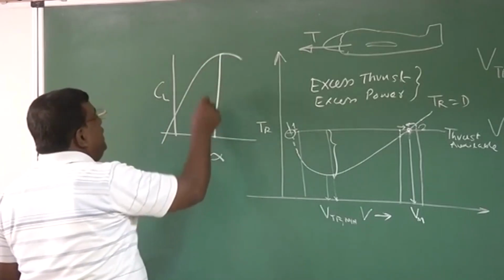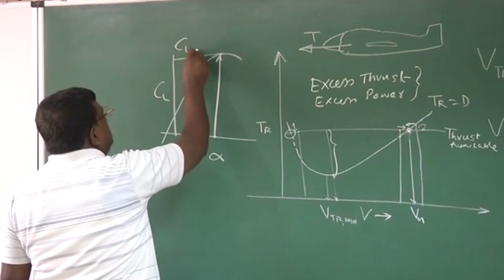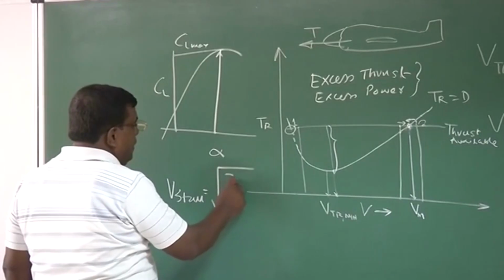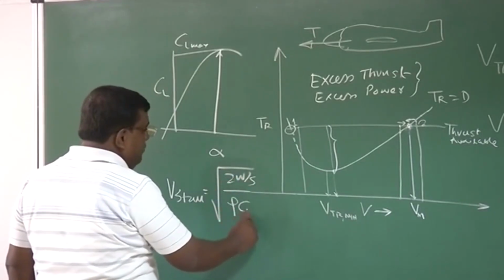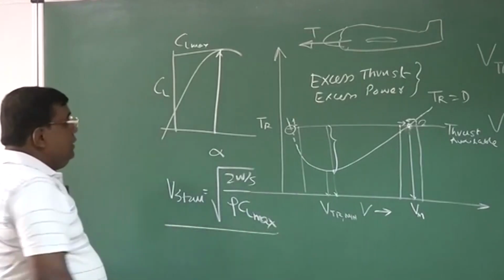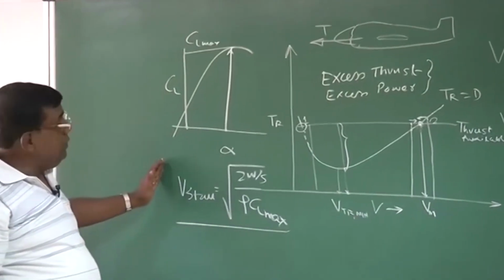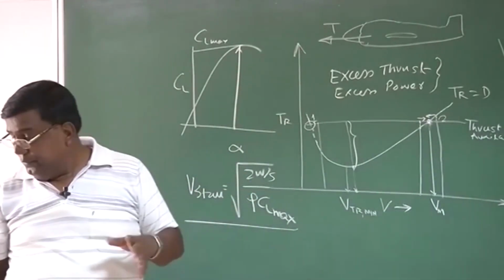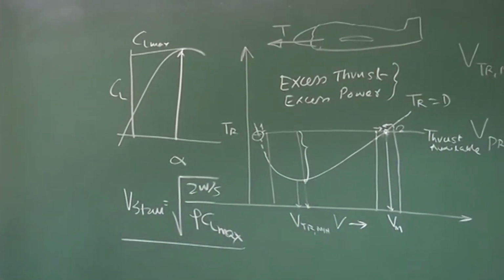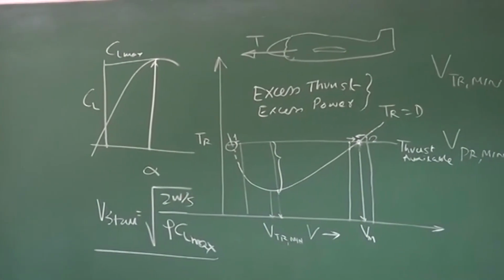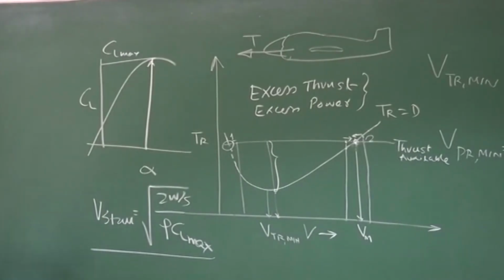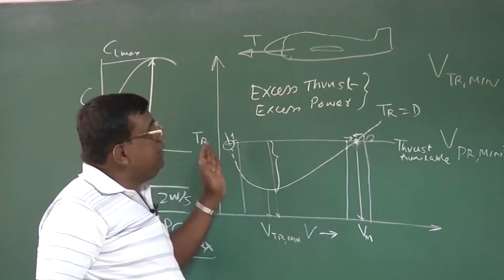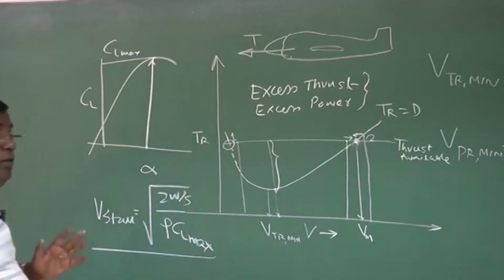You are flying somewhere here, so this value is CL max, and Vstall will be equal to the square root of 2W by S rho CL max. So this decides your minimum speed limit: if the airplane goes below this speed, it is of no worth as far as flying is concerned. That means for all practical purposes, the relevant speeds will be greater than or equal to Vstall.